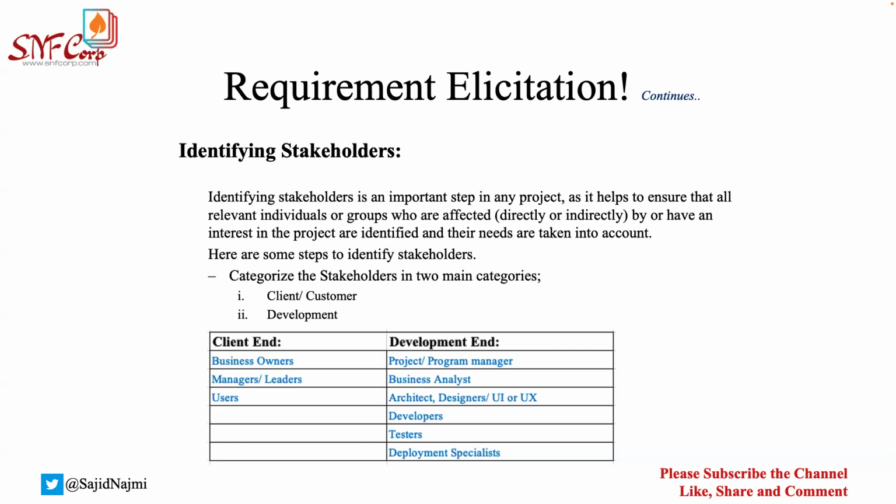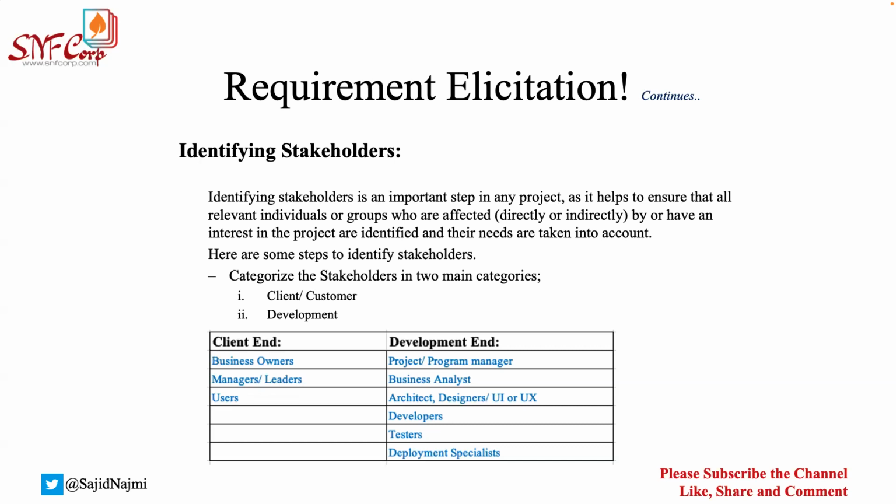And the other end is the development end, as in your internal team. So this could be your project manager or program manager within your organization. It could be a business analyst, architect, designers, or UI or UX, user interface or user experience team members. You may have actual developers who will be developing all that code, the testers who will be doing manual or automation testing, and somebody who is actually deploying and delivering this to the customer's premises.